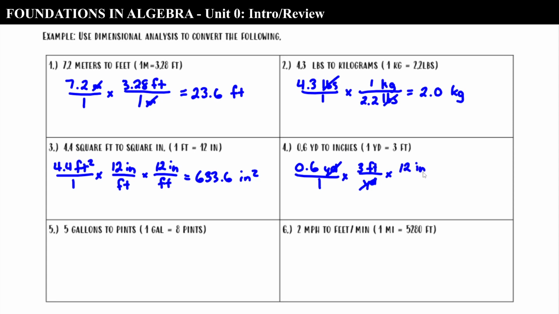There are 12 inches in a foot, and we had that from the last problem. Now our feet can cancel, and we can multiply across: 0.6 times 3 times 12. I'm going to do that one on the calculator. That gives us 21.6 inches.